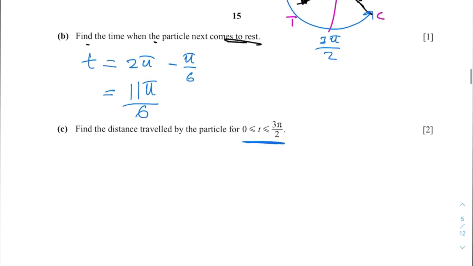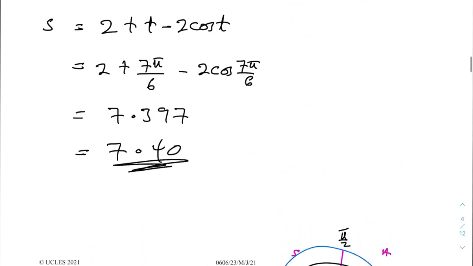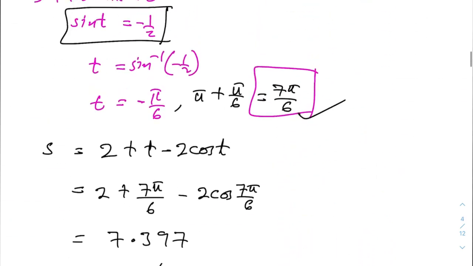So the first time it had its instantaneous rest was from t equals 0 all the way to t equals 7 pi on 6, okay? We check that out here, 7 pi on 6.